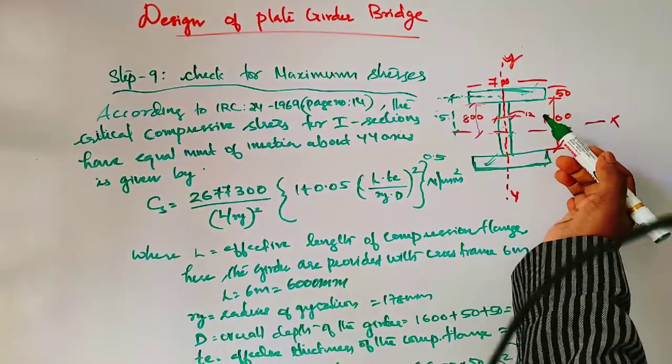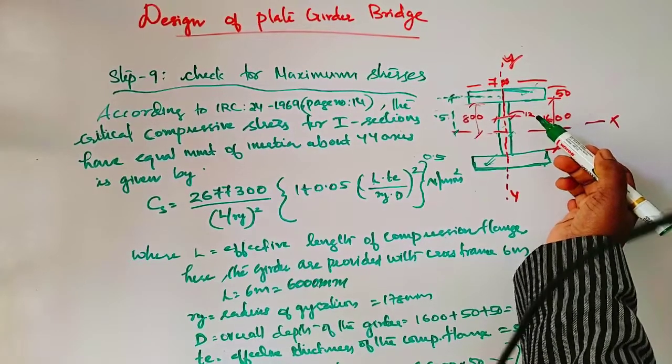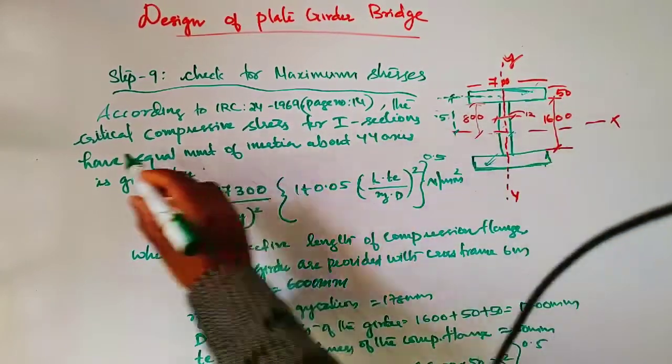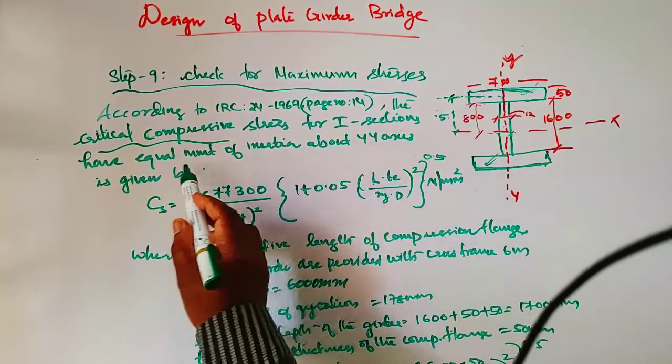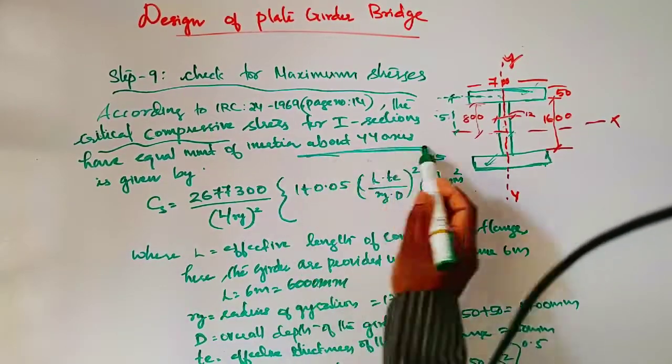We have to find the critical compressive stress for an I section having equal moment of inertia about the y axis.